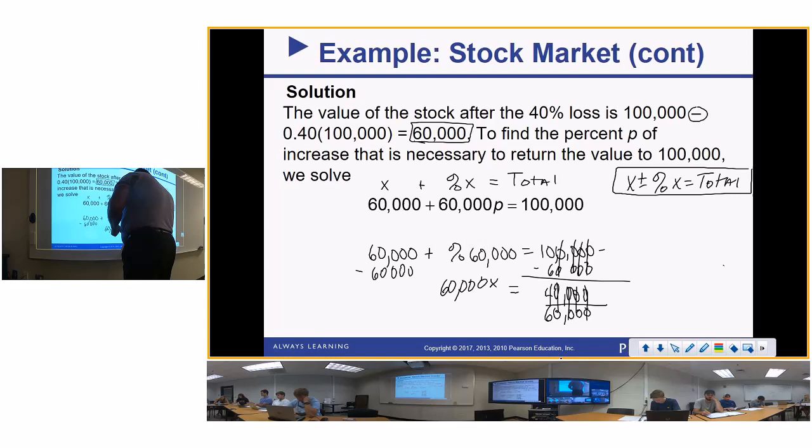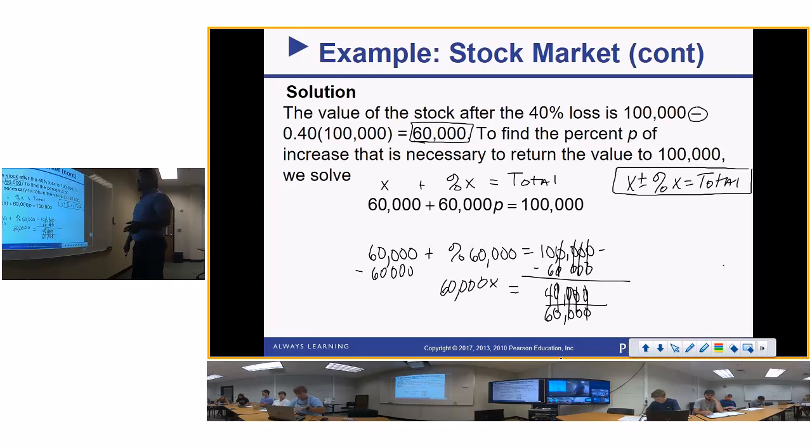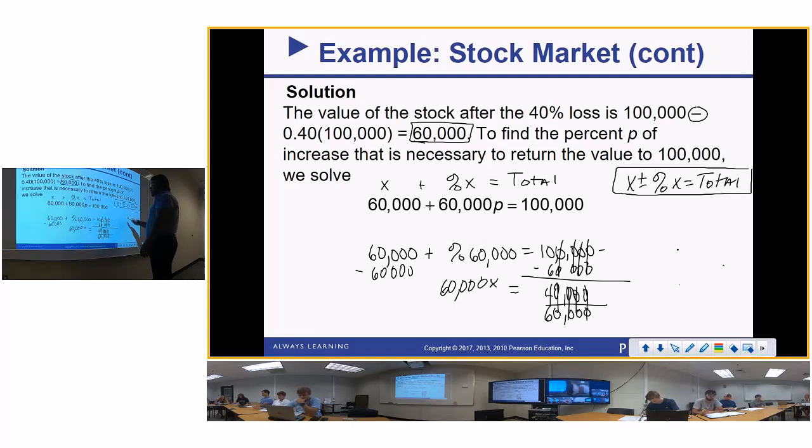You're going to get 4 divided by 6, which is 2 over 3, which is 0.67. So you're going to have a 67% increase or return.